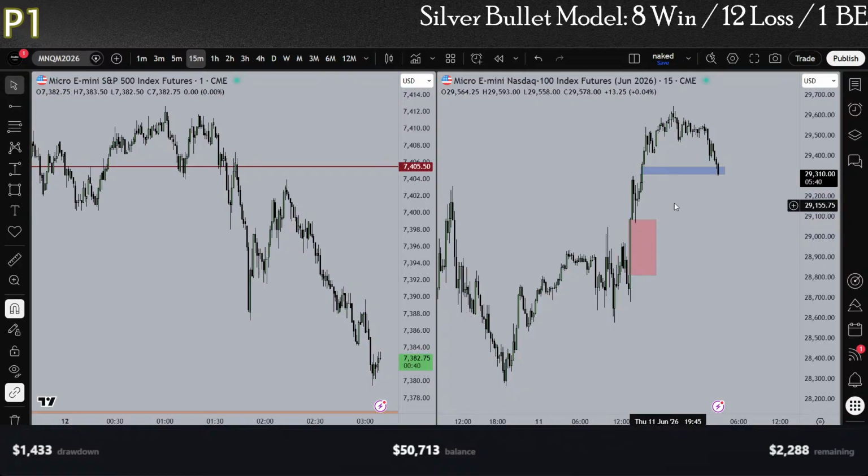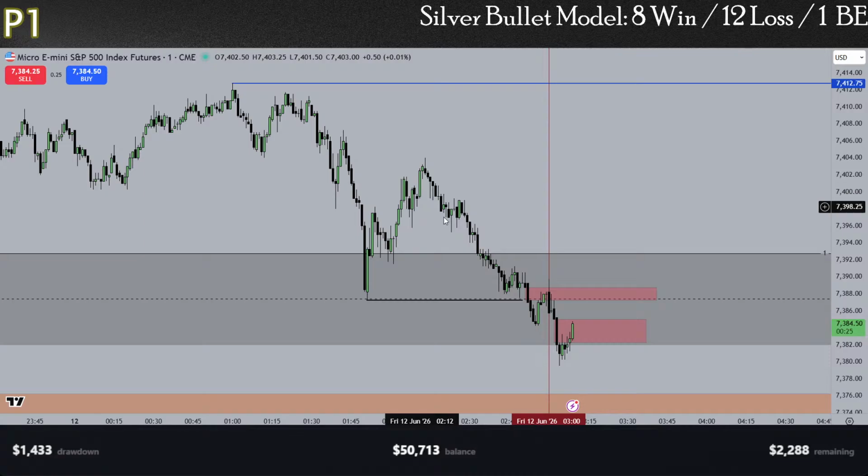If I'm wrong about higher prices or potential continuation near term, then this would be the drawn NQ. But yeah, let's see if I'm wrong in the first place.